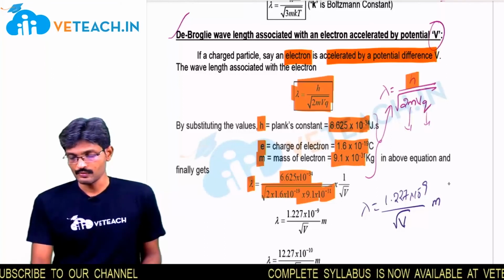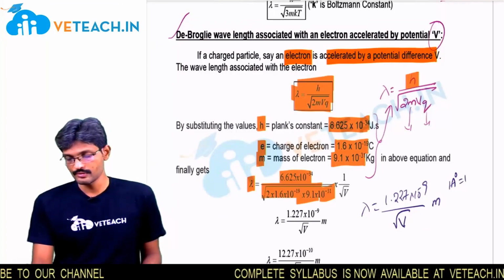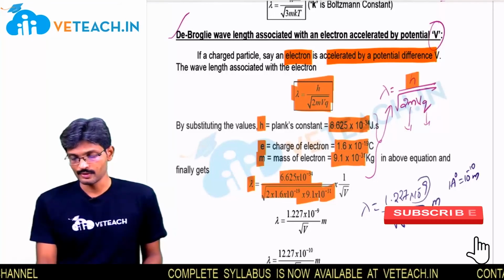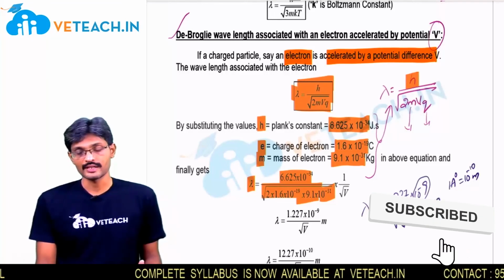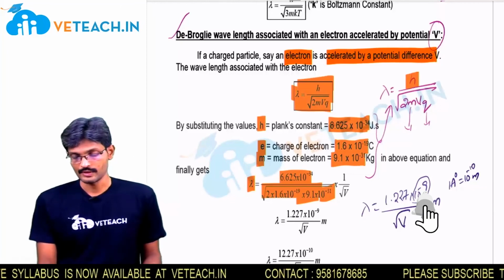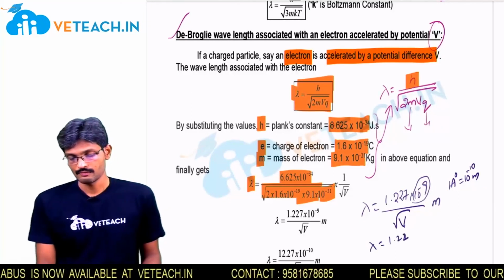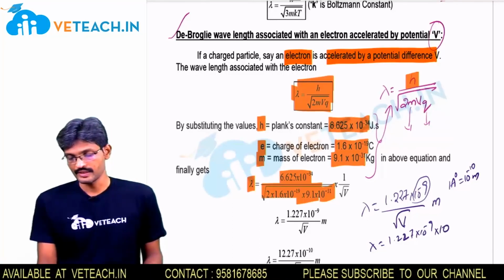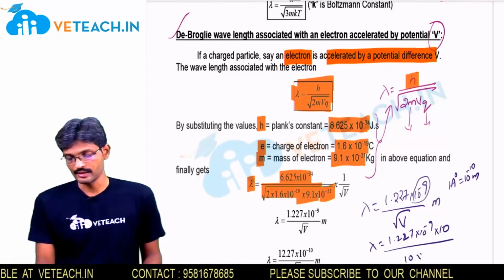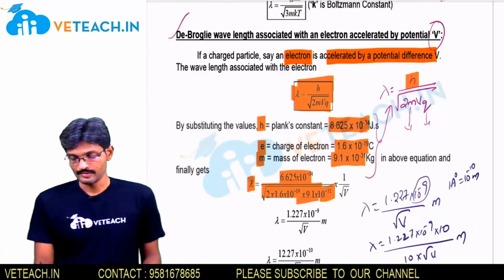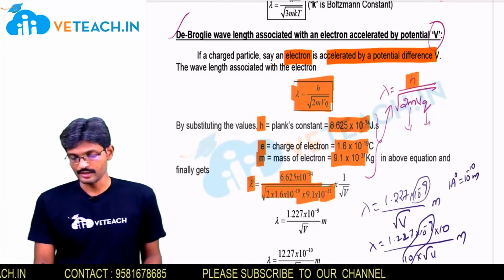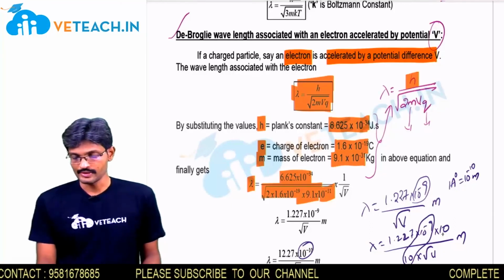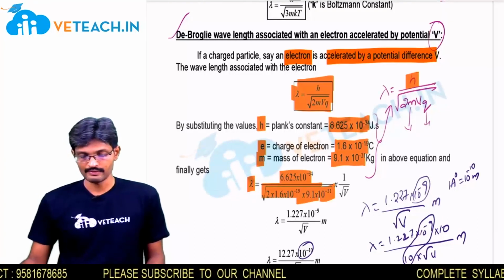We know that 1 angstrom is equal to 10 power minus 10 meters. In order to get 10 power minus 10 here, we multiply and divide with 10. So we have 1.227 into 10 power minus 9, multiplied and divided by 10, into root V meters. From here, 10 power minus 9 by 10 gives 10 power minus 10, and 1.227 into 10 gives 12.27.